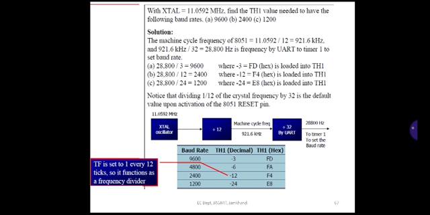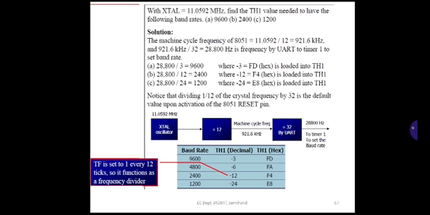First they have given 9600. 28,800 divided by 3 gives 9600. So minus 3 in hexadecimal is FD, which is loaded into TH1 to get the 9600 baud rate.